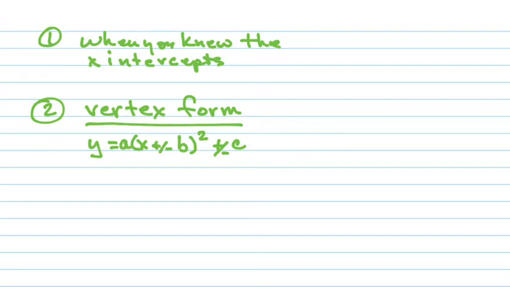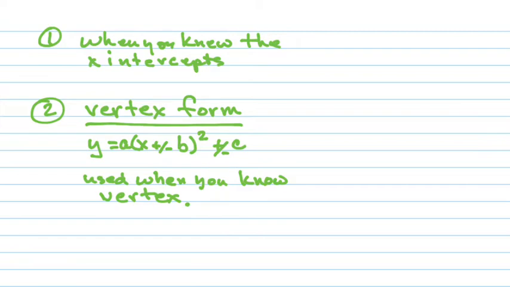It's used when you know the vertex. Because the vertex tells you your b and your c. Remember that your c is your vertical shift, up or down from the x-axis, and your b is your horizontal shift, either right or left from the y-axis. Do you remember that?